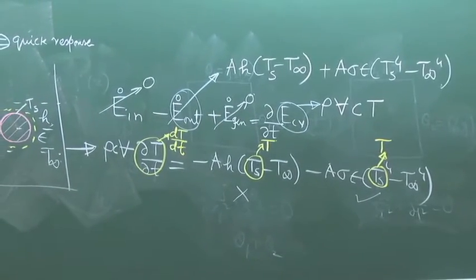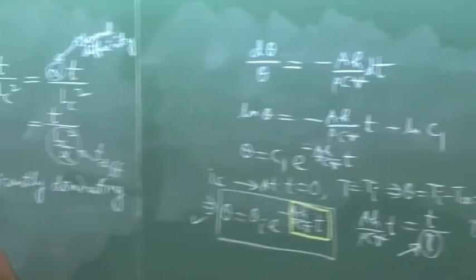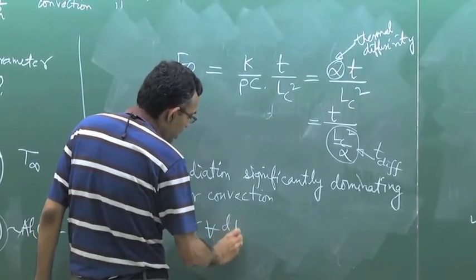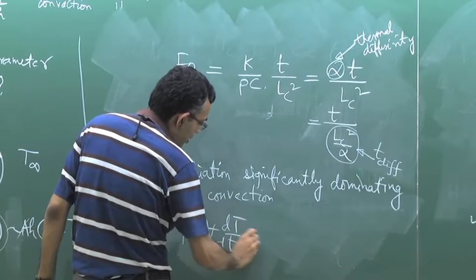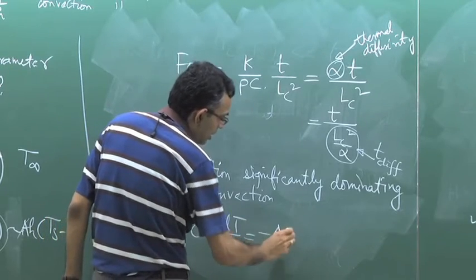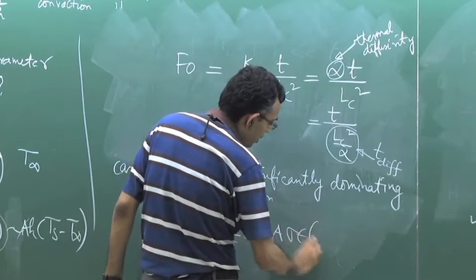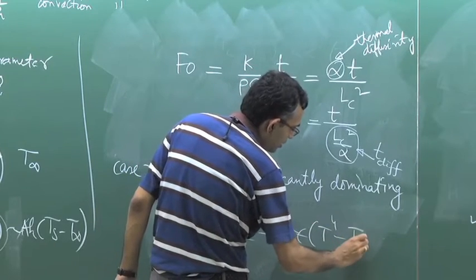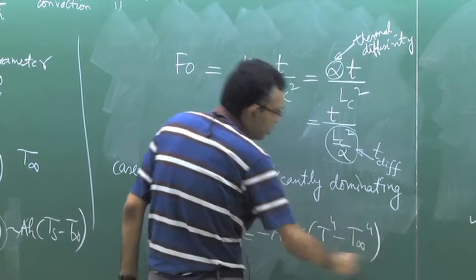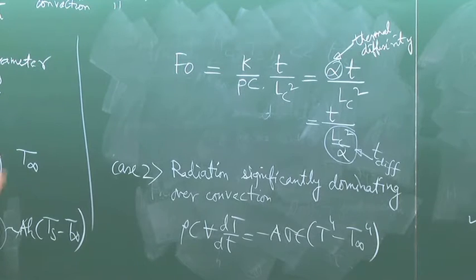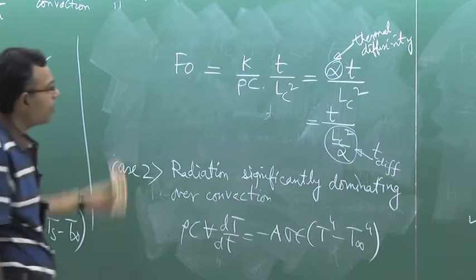So you can write rho CV dT is equal to minus A sigma epsilon into T to the power 4 minus T infinity to the power 4. Okay. So this is also a very straightforward problem.